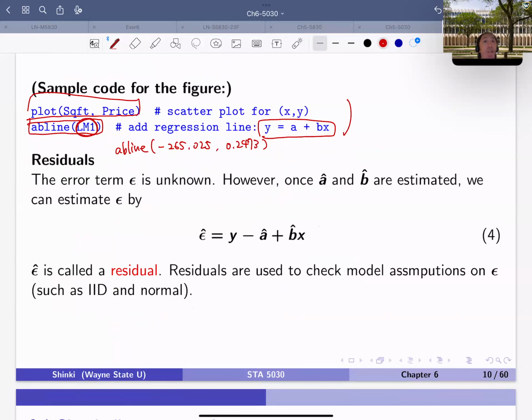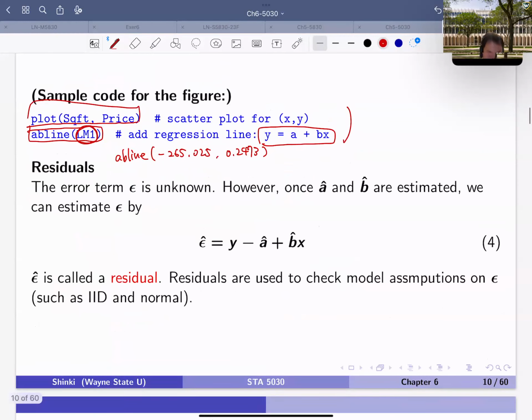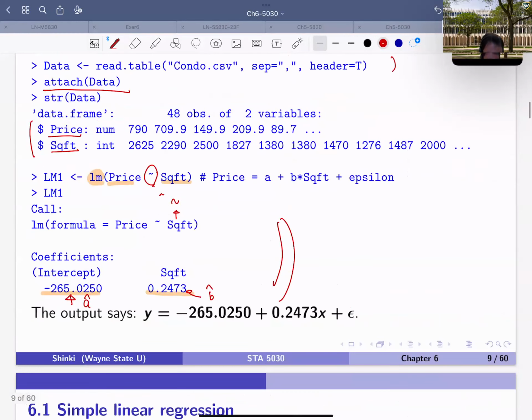I got another question. What does the tilde operation do by itself? This tilde basically means that the left-hand side is explained by the right-hand side. So that symbol is usually represented by tilde.